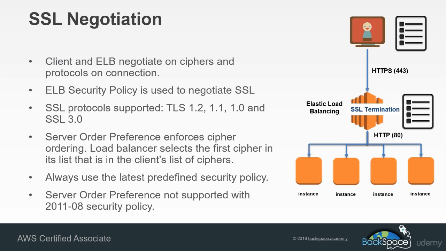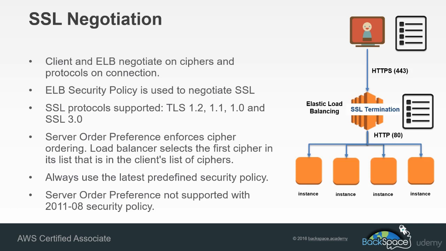So when server order preference is enabled, the Elastic Load Balancer will look at the list of the client, and it will select the first cipher in the list that is at the top, or the highest position, of the load balancer's list. So the Elastic Load Balancer will have its list of ciphers. They will be in order of preference.